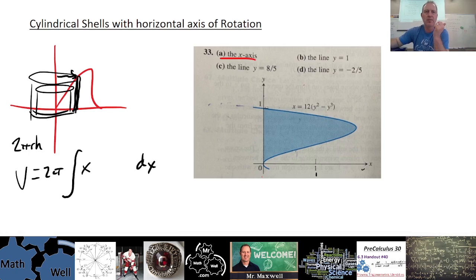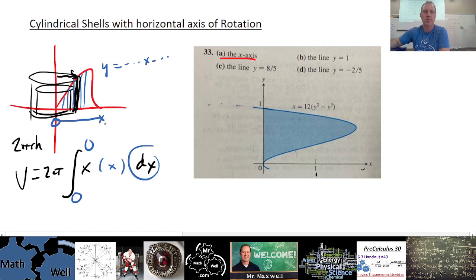The height of the cylinders was y equals some function in terms of x. And our limits of integration were also x. So here we go from 0 to whatever this is, x1, x2. So when we have the cylinders upright, it's all x stuff.